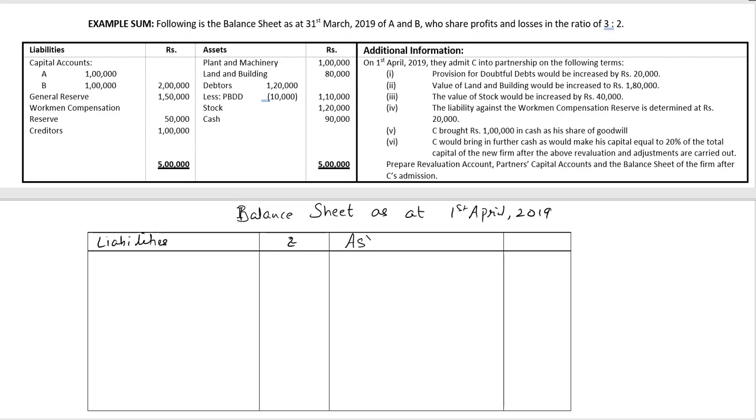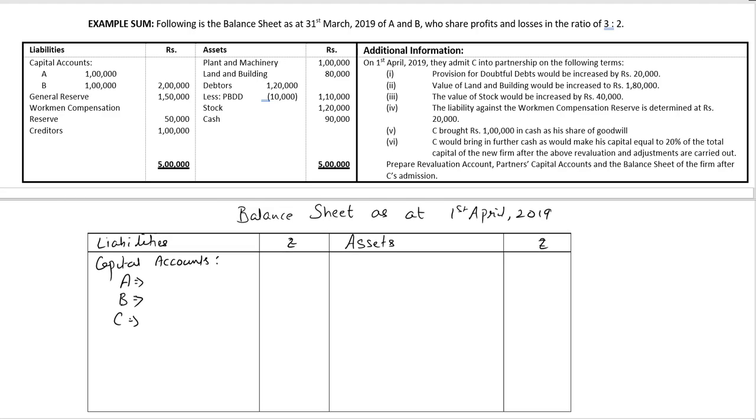Right side assets, rupees. We'll begin with the liability side items. Capital accounts, A, B and partner C.